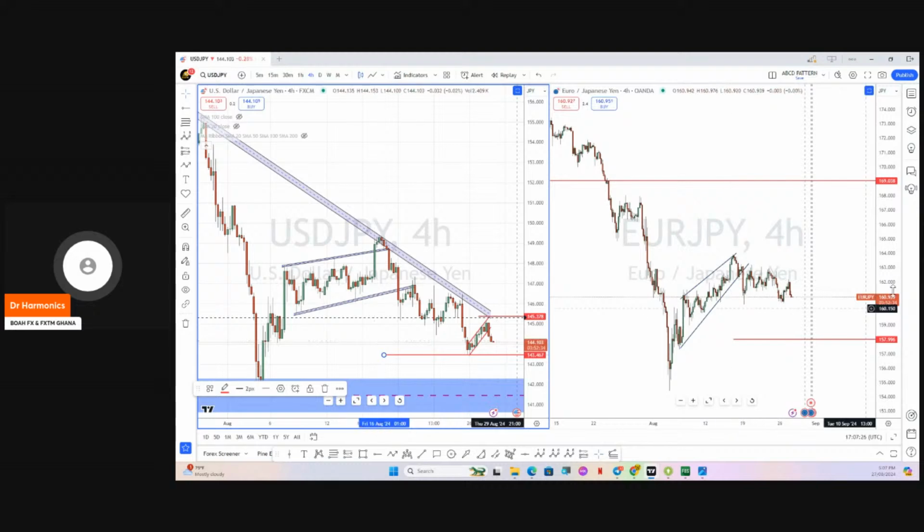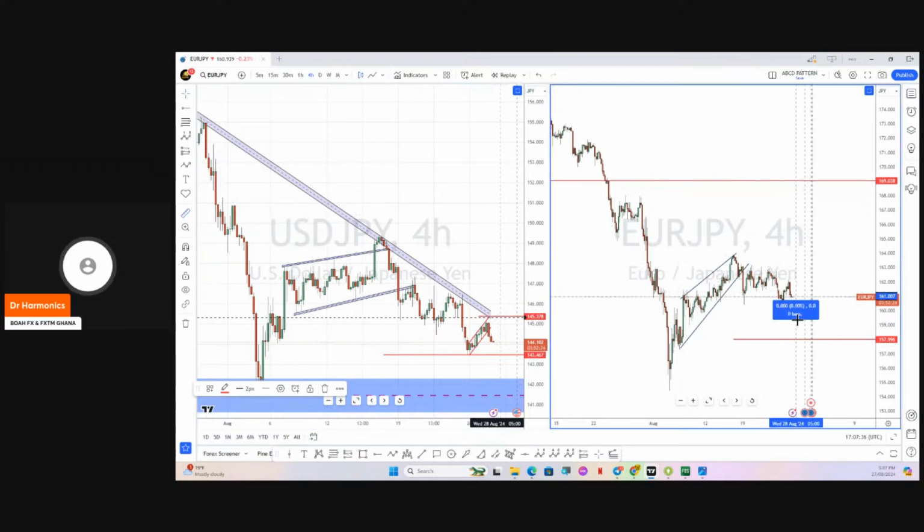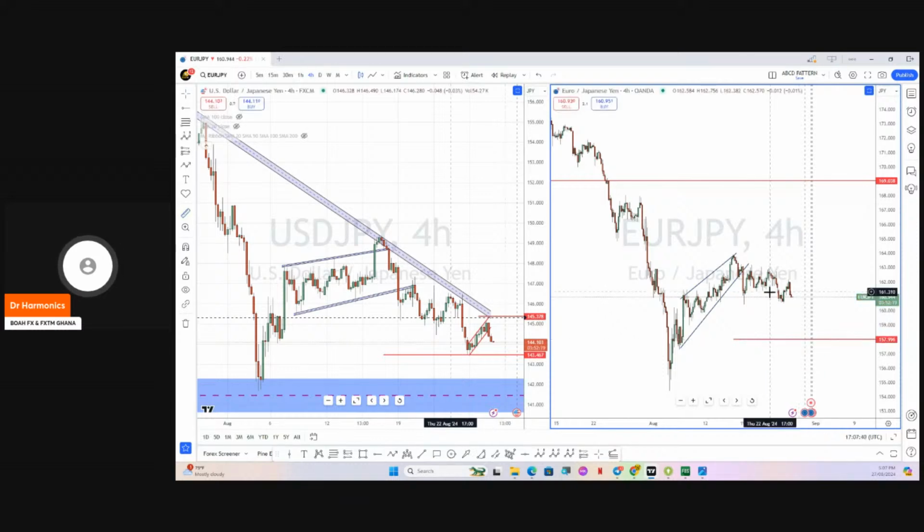So you can see that from these two pairs, we are lagging almost how many pips? We are lagging almost about 303 pips with Euro JPY before we reach the price of USD JPY.